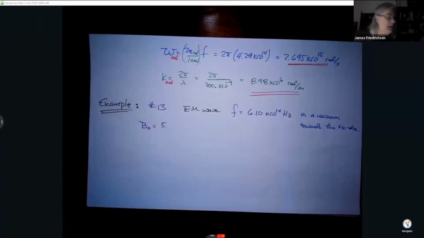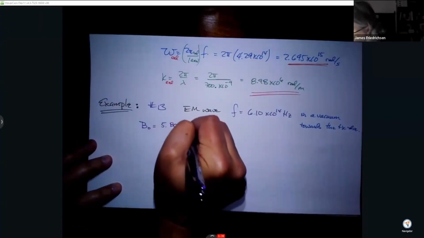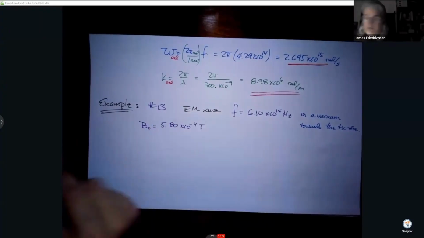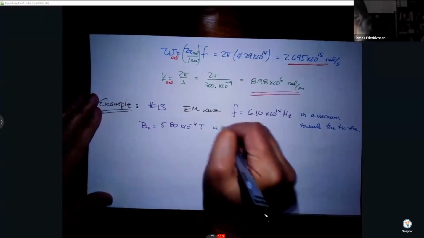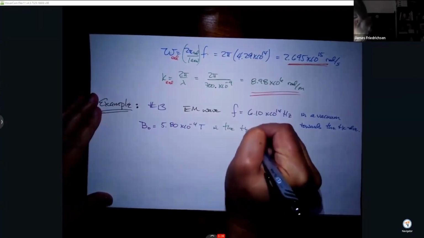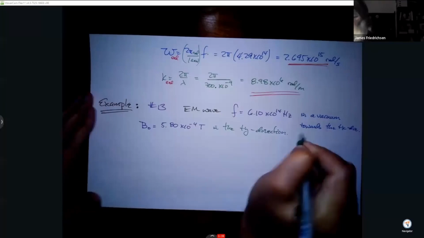Whichever one makes you happy, but I like the knots. 5.80 times 10 to the negative 4th Teslas. And it says that this was in the, we'll put it in the positive Y direction. Okay.